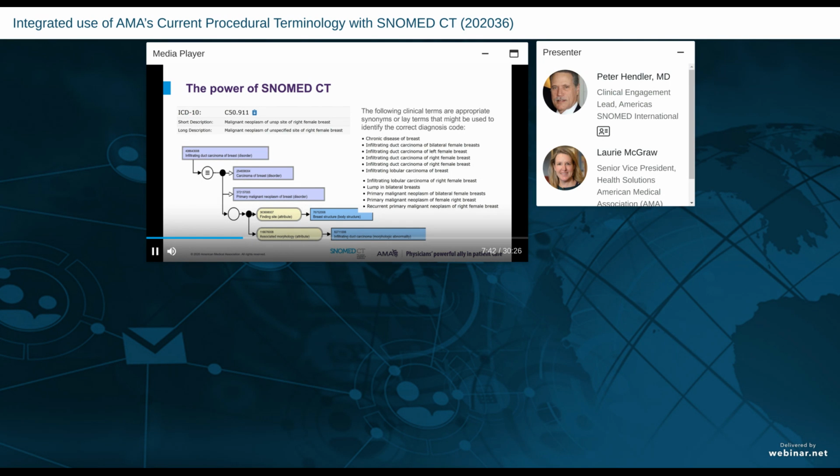At the top and the right side of the slide, we see the same search presented using ICD-10. We can see that the term that we actually want is in the synonym list, but that's not what the code belongs to. The code, the official name, is the term malignant neoplasm of unspecified site of right female breast, is much less specific and is not even specific for ductal carcinoma.